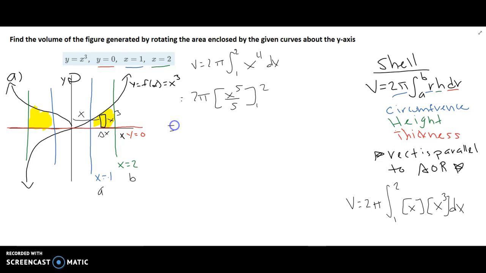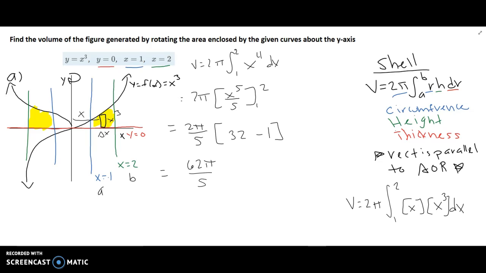And what I'm going to do is bring out that 1/5 outside to make it a little bit easier on us. And so now we're just evaluating x to the 5th from 1 to 2, which we know that 2 to the 5th power is going to be 32. 1 to the 5th power is going to be 1. So this ends up being 2 times 31, which is going to be 62 pi over 5.